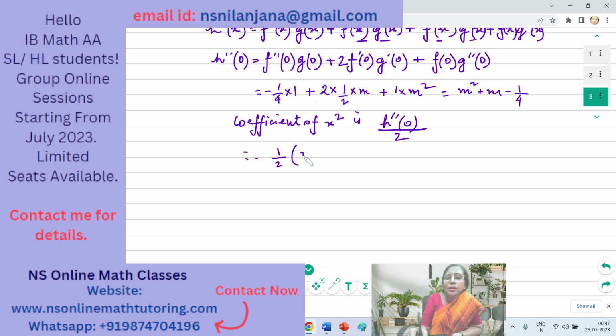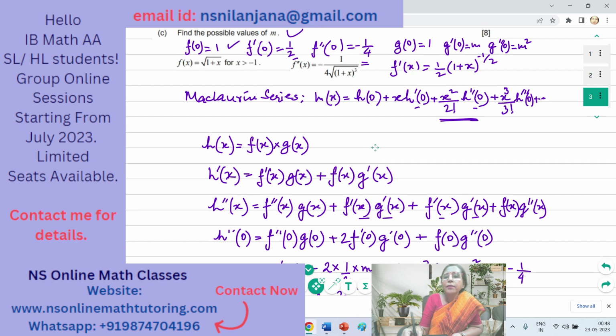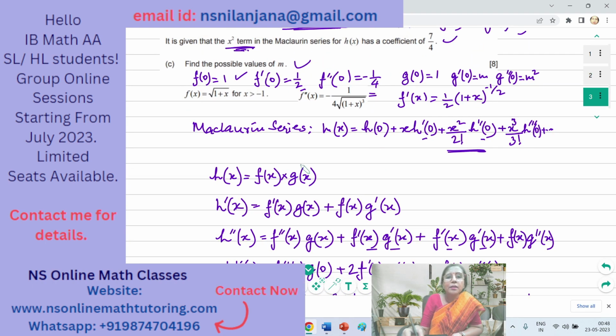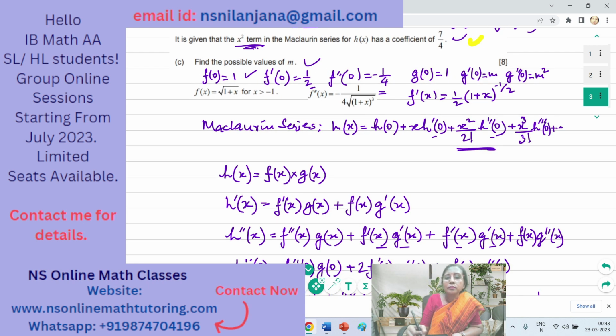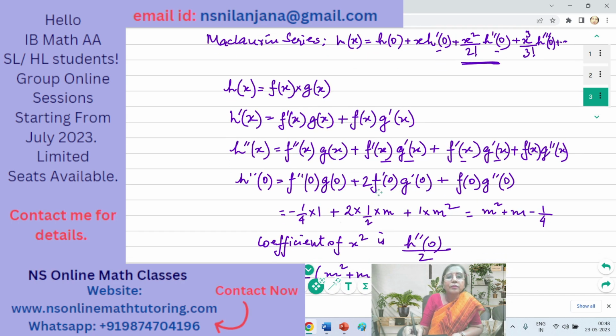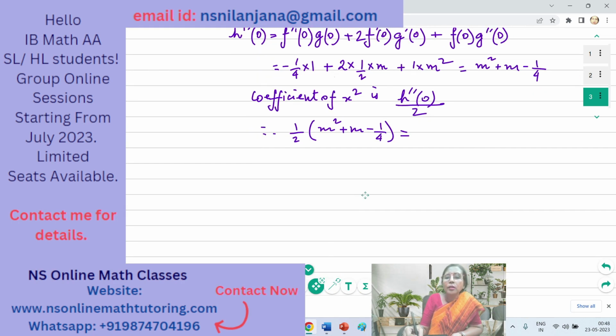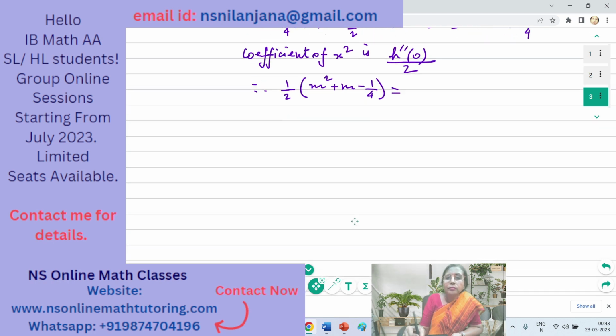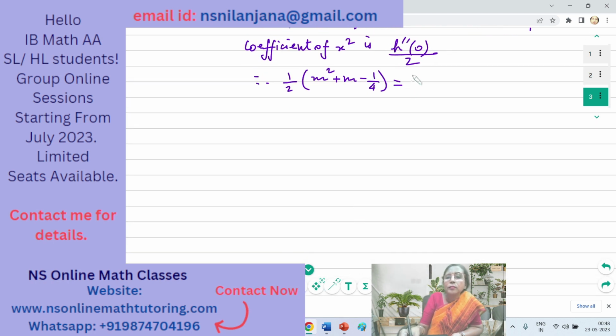Half times m squared plus m minus 1 over 4. This is equal to 7 over 4. Yes, it is equal to 7 over 4.